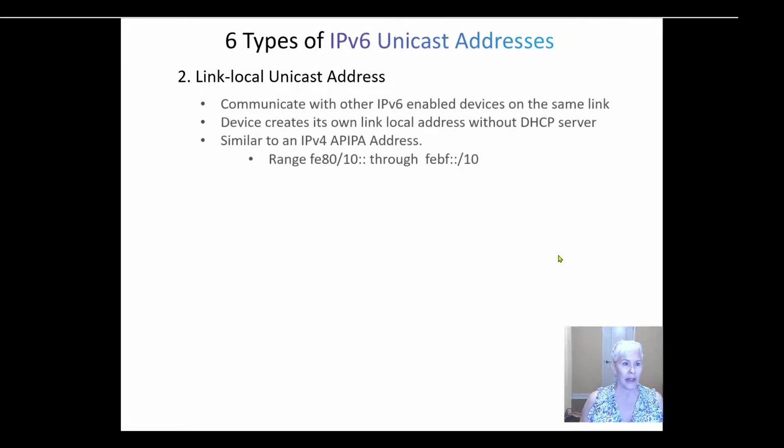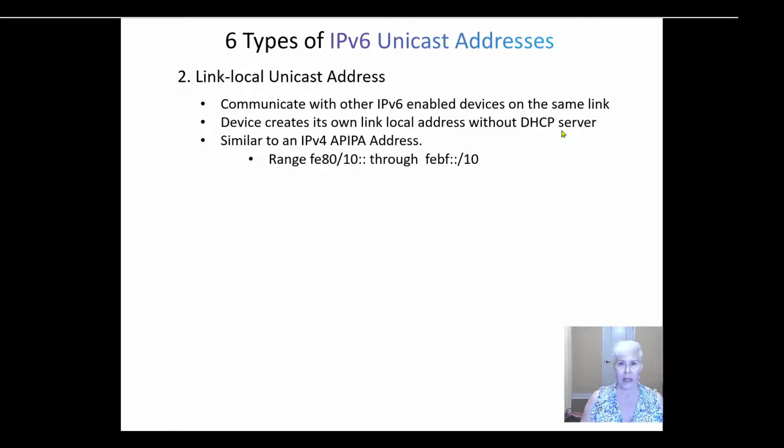Remember, I said link local. So that means it only works on the local network. It doesn't go outside of its own network. It's going to communicate with other IPv6 enabled devices on the same link, which is another way of saying the same network. Every device creates its own link local address. It does not have to be assigned manually.